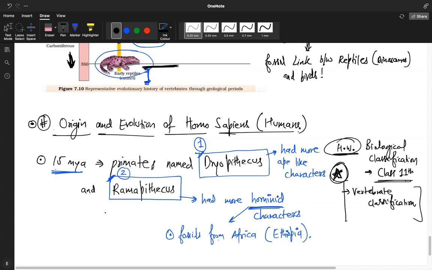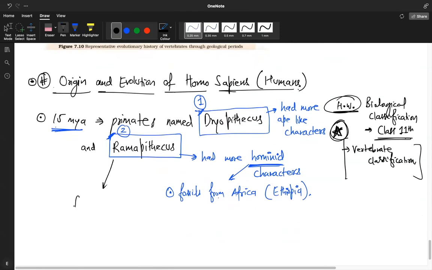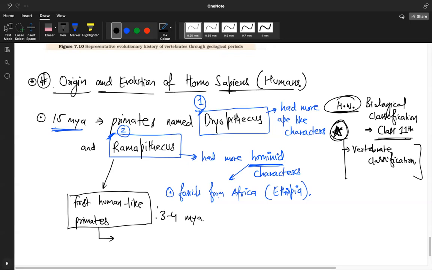So these hominid features keep on developing, and the first human-like primates evolved from this Dramapithecus. So write down, first human-like primates that evolved were around 3 to 4 million years old.